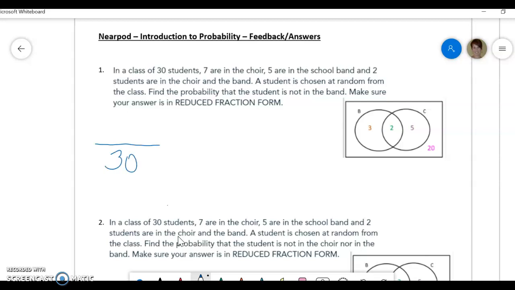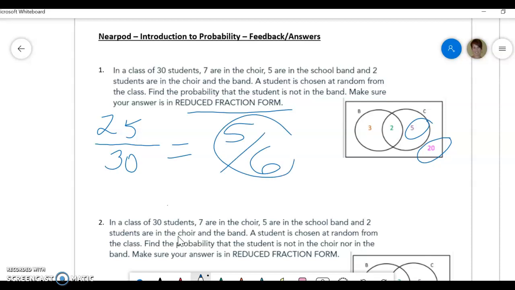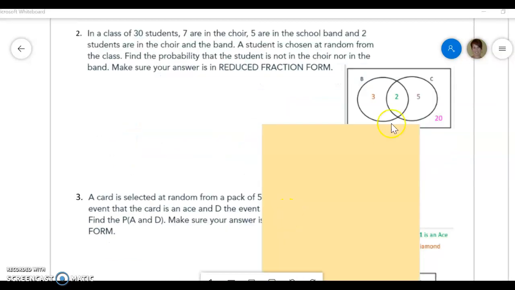And then our numerator has to be not in the band. So if we take the 20 that are not in the band, and then the 5, we would have 25 out of 30. And then we need to reduce this. So if I divide the top and bottom by 5, that would give you a final answer of 5/6.